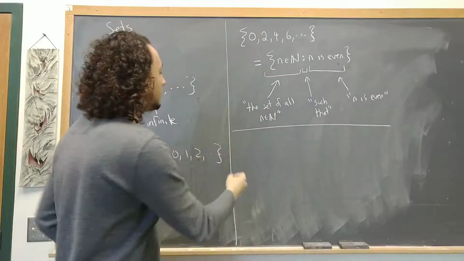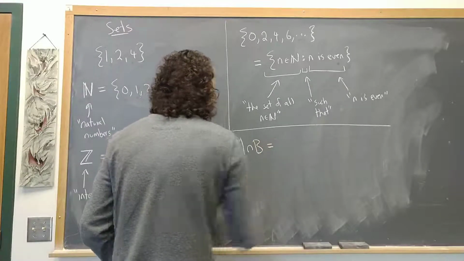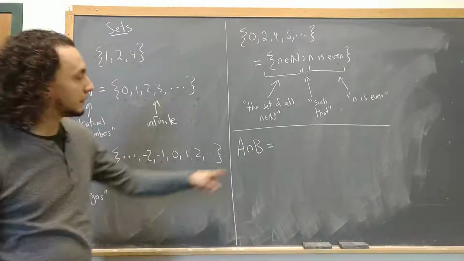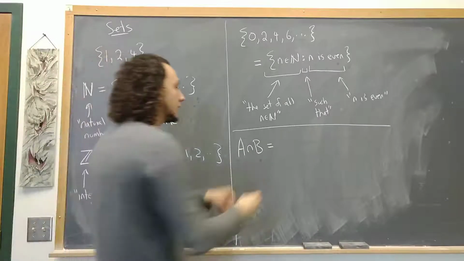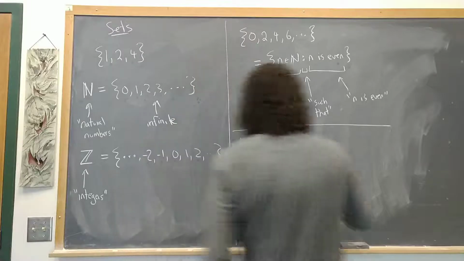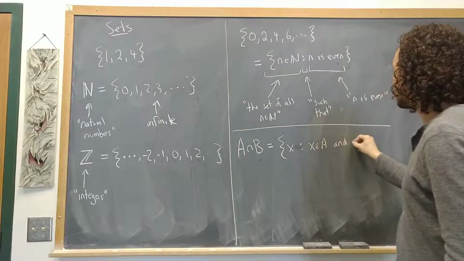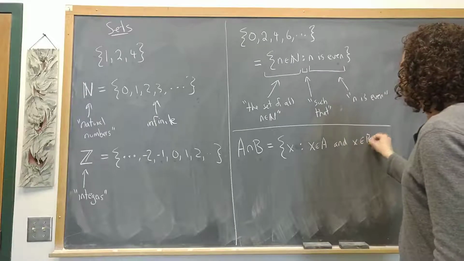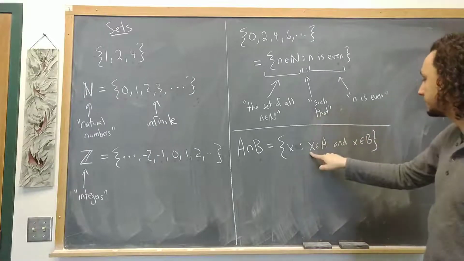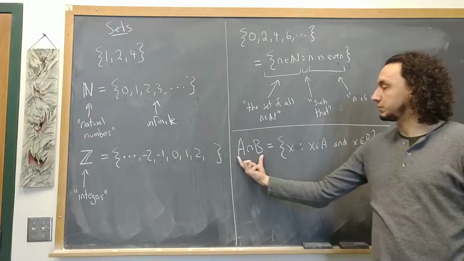And this is also useful. It gives us a useful way of writing down, for example, some of the set theoretic operations that we looked at last time. In fact, both the ones we looked at last time. A intersection B can be written as the set of all x such that x is in A and x is in B. In other words, I'm specifying the property that an object x has to satisfy to belong to the set.